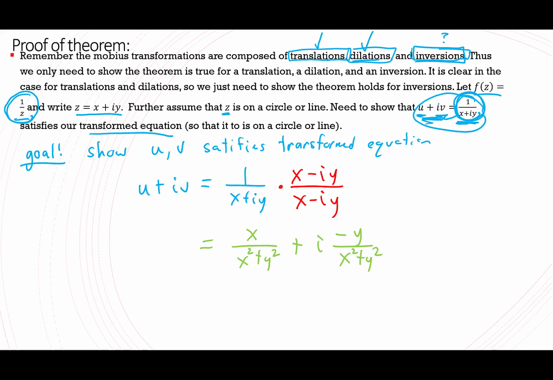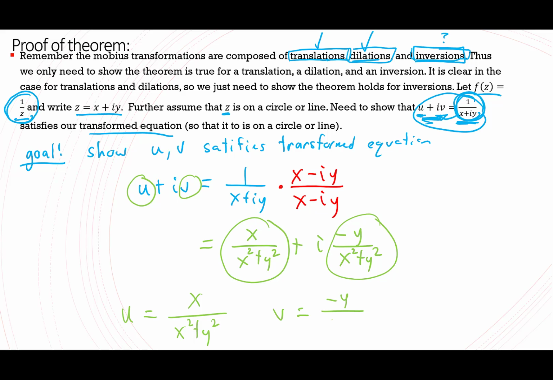I recommend you do the algebra on your own, and you should see that you get this. Now what this tells us is that u, our real part, has to be x over x squared plus y squared, and v, the imaginary part, has to be minus y over x squared plus y squared. Now remember, since we're assuming that z, our input, was on a circle or a line, x and y satisfy our transformed equation.